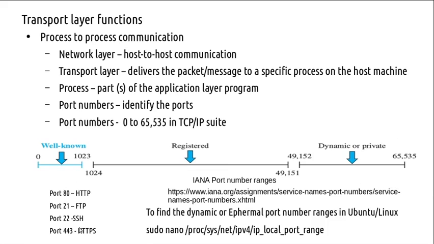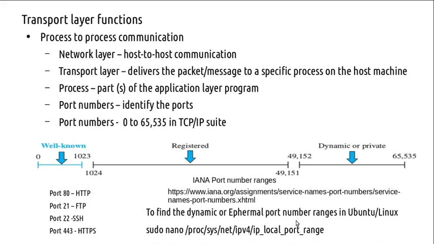Port 443 is HTTPS and port 80 is HTTP. Then ports 67 and 68 are DHCP server side and client side processes, then SSH, FTP.